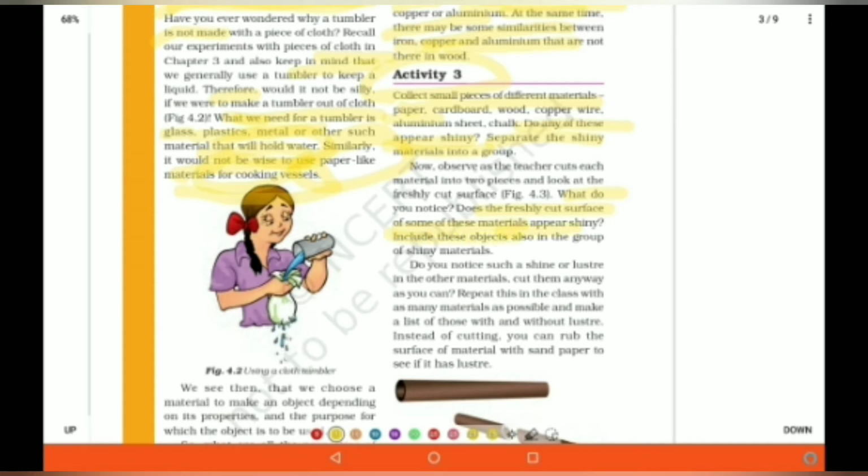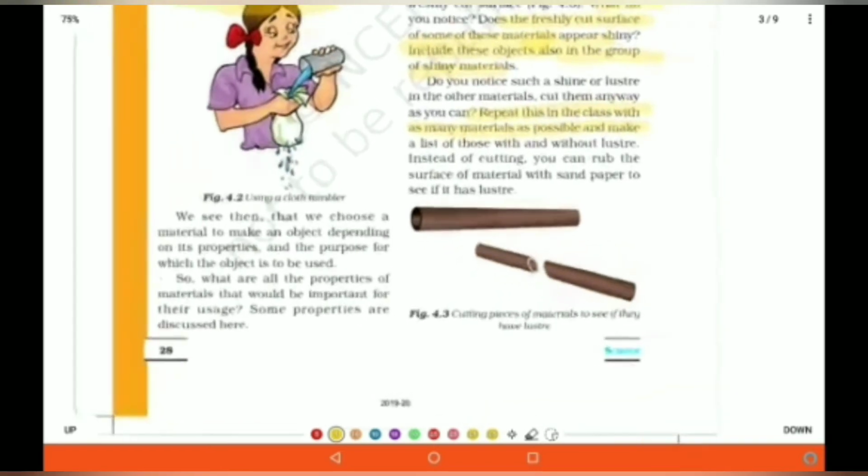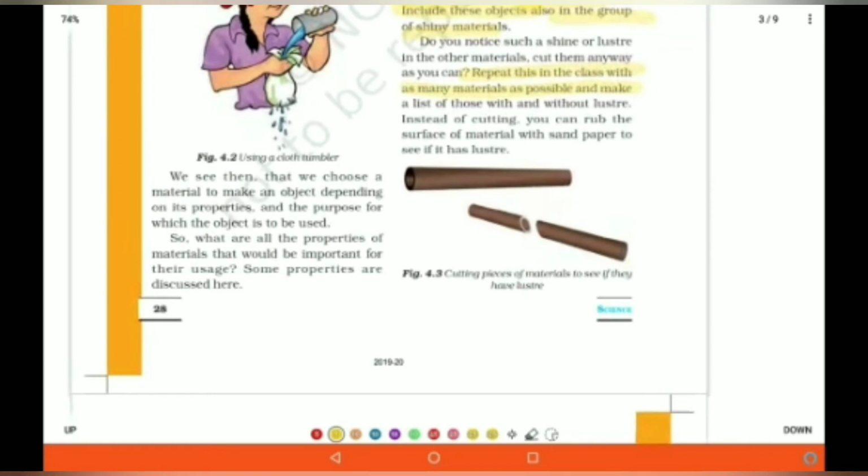Include these objects also in the group of shiny materials. Repeat this in class with as many materials as you can. After doing that, make a list of those with luster and those without luster.